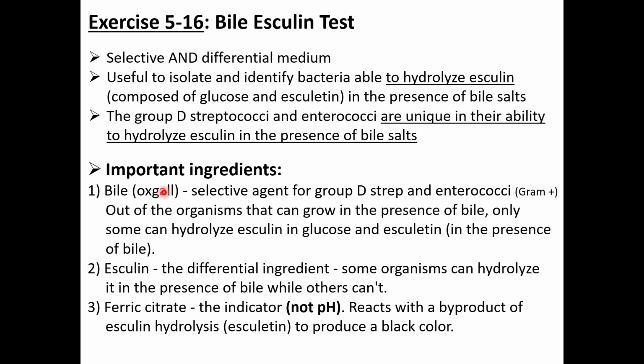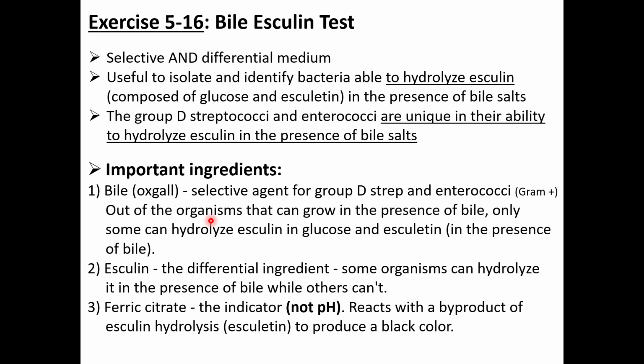So now for ingredients, we're going to have bile in here, that's also called oxgall. And this ingredient will be the selective agent for the group D streptococci and enterococci, which are both gram positive.